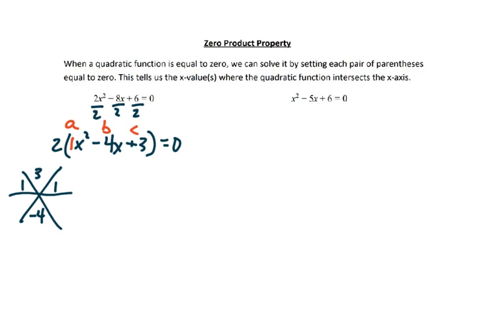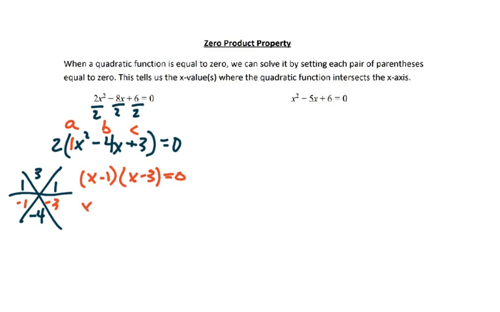This one might trick some people, but one way to get a positive number by multiplying on top is with 2 negative numbers. So we could do negative 1 and negative 3 times each other is positive 3. Added together is negative 4. They're both reduced. So we have x minus 1 and x minus 3.